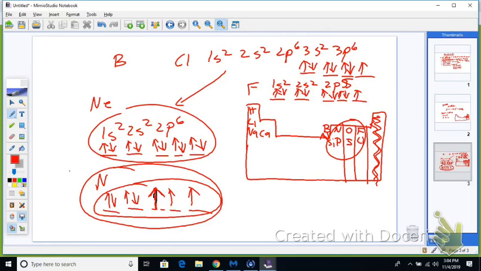If it's really, really close to filling that level, it's more likely to pull in an electron because it gives off more energy. Okay? Any thoughts on that? That one doesn't have a real good trend we can look at. So other than knowing the orbital, you can tell a lot about whether it's going to be willing to take one in or not.